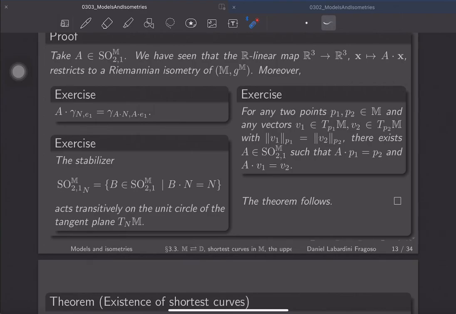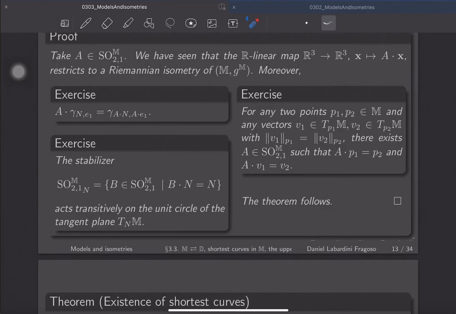And you see, if I take an element of the restricted Lorentz group that fixes the point, in particular it sends this tangent plane to itself, and it preserves lengths of vectors. So it takes the circle to itself.